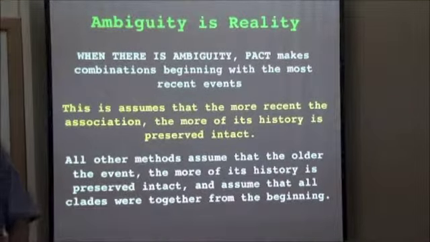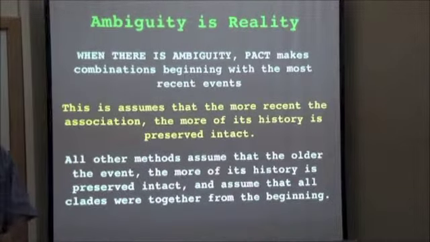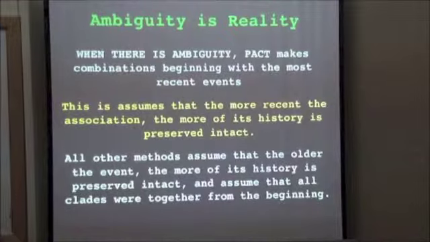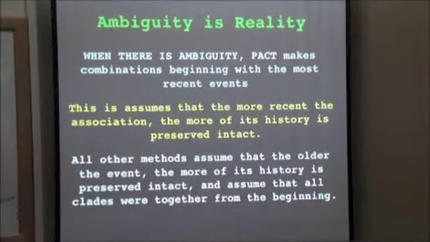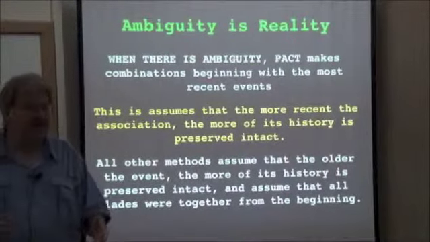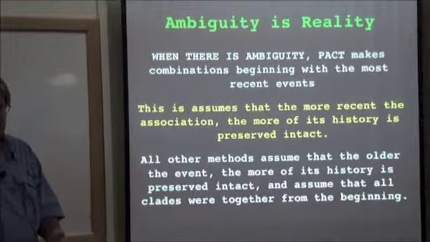There are other approaches. If any of you know anything about character optimization on phylogenetic trees, this is equivalent to what's called the Deltran optimization, and this is equivalent to the Actran optimization. The Actran optimization is the one favored by most phylogeneticists.